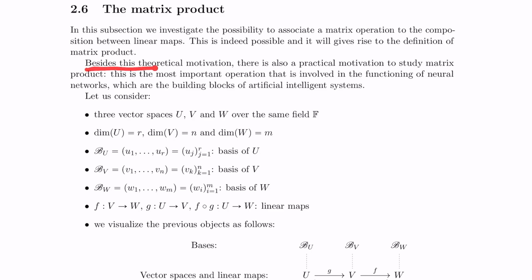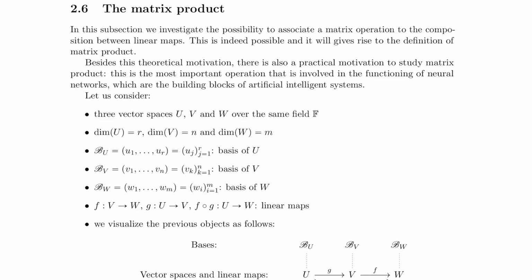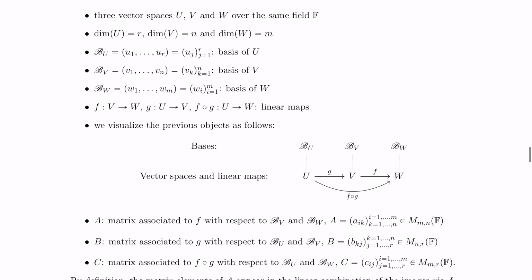Beside the natural mathematical curiosity to explore a new operation, there is also a practical motivation to study matrix product. In fact, this is the most important operation involved in the functioning of neural networks, which are the building blocks of artificial intelligence systems.